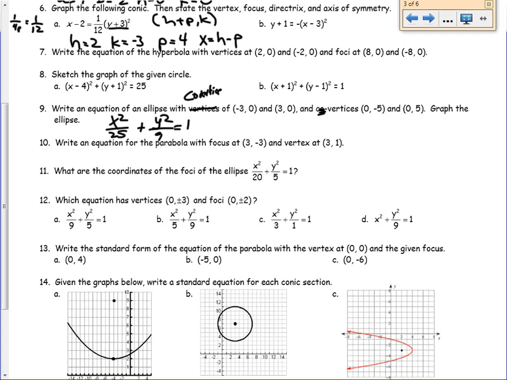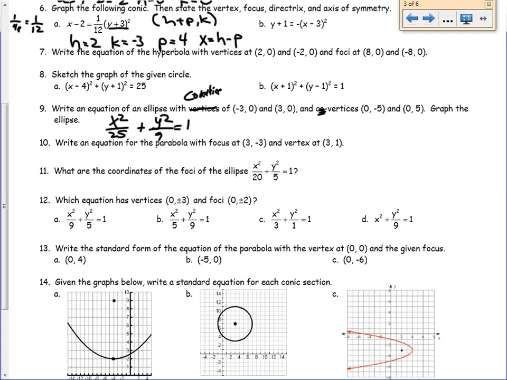Write an equation for the parabola, focus and vertex. Number 10, write the equation of the parabola. 3, negative 3, 3, 1. Which number has changed? Have the x values changed or the y values changed? The y's have changed.